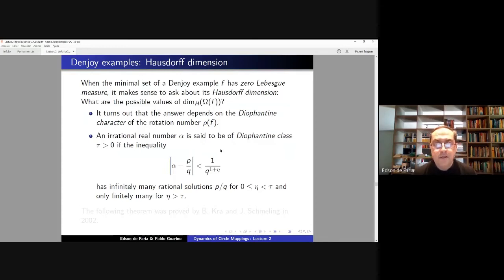The inequality just says that the distance between alpha and the rational p over q is smaller than 1 over q to the power 1 plus eta. So this is what it means to say that alpha belongs to the Diophantine class tau. It's well approximated by rationals in the sense of this inequality.